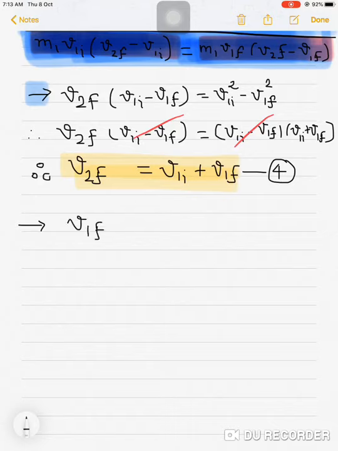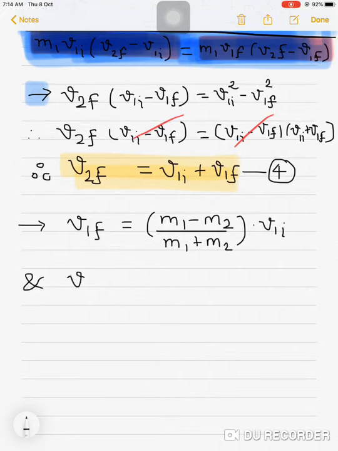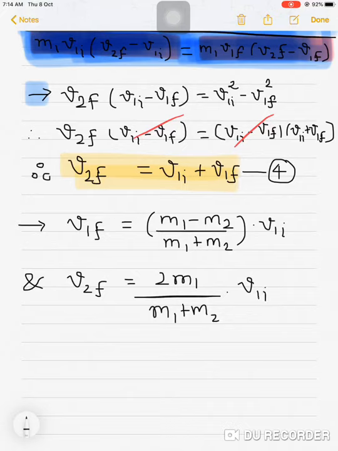After this simplification we obtain that V1F is equals to M1 minus M2 over M1 plus M2 into V1I, and V2F is equals to 2 times M1 over M1 plus M2 into V1I. Now these are given in your textbook.